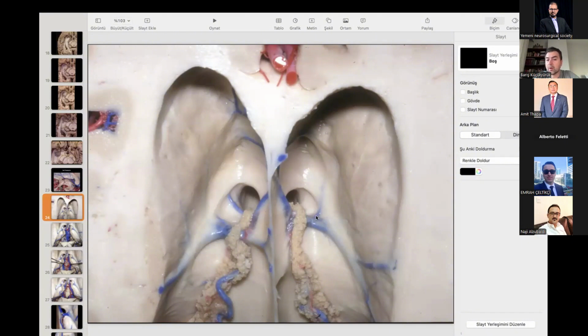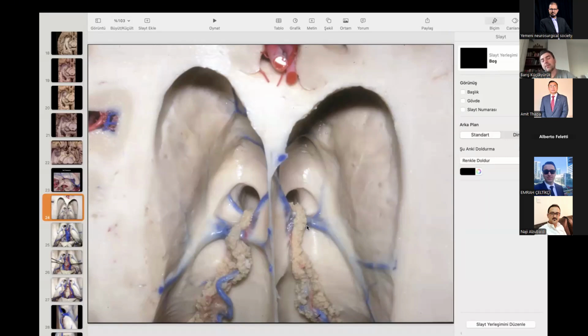The thalamostriate vein is always lateral and posterior to the foramen of Monro. So this is the right ventricle and this is the left ventricle. We can't trust the veins coming anterior to posterior, but we can have a little trust in the choroid plexus and the superior choroidal vein, which goes posteriorly, but also a little bit laterally. But again, our north pole, our main anatomical structure here, is the thalamostriate vein.